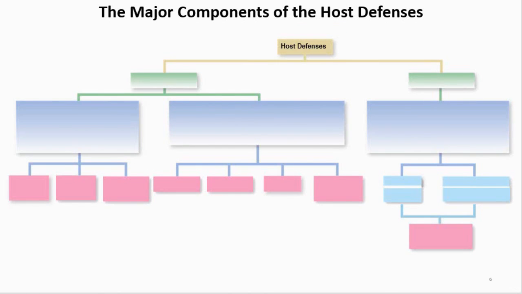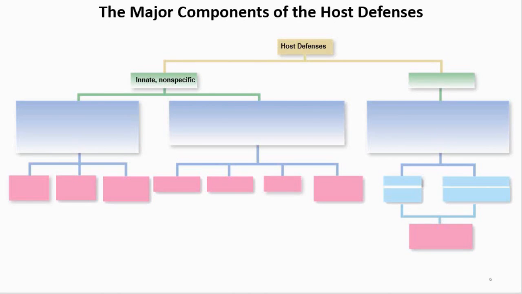Okay, so this chart right here, which is 12.1 in your book, breaks down graphically what we're about to talk about for the next two chapters. Under the host defenses, we have our innate and non-specific defenses. These are the ones that don't remember, right?